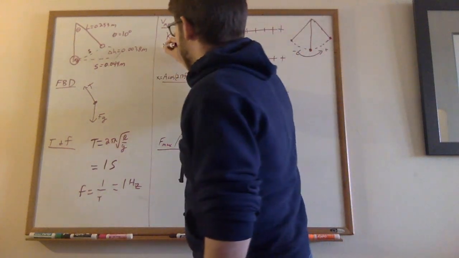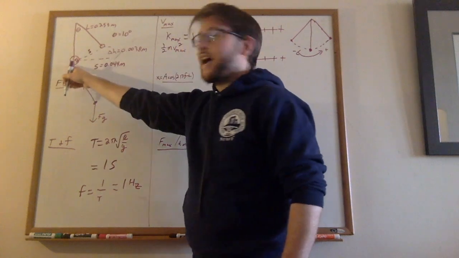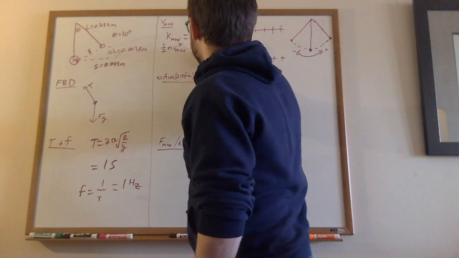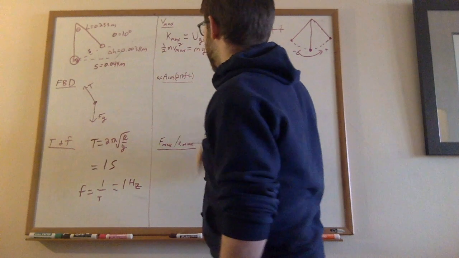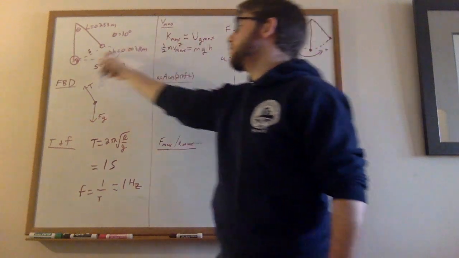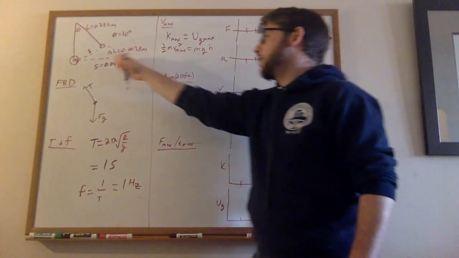So we've got 1/2 m v max squared, where v max is the velocity it has here. That must be equal to mgh. We're going to set potential energy equal to 0 here, so whatever potential energy it has up there is the amount above 0.